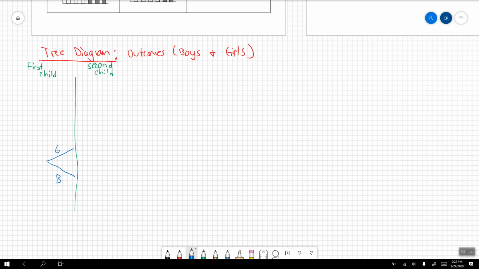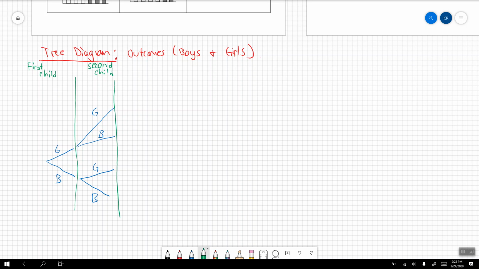The possibilities are again either a girl or a boy. Same thing down here: if the first child was a boy, they still have the same options. So that's the possibilities for the second child.